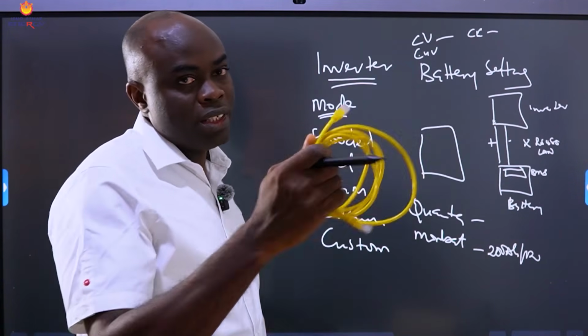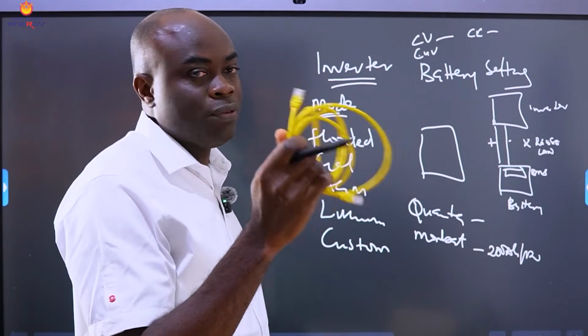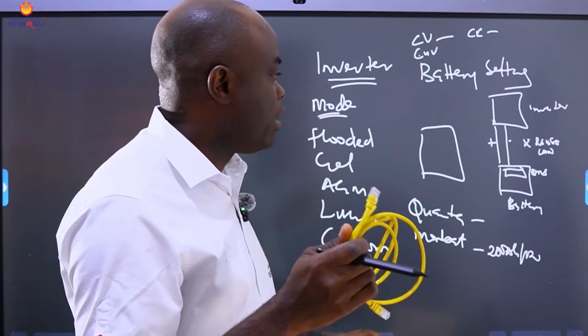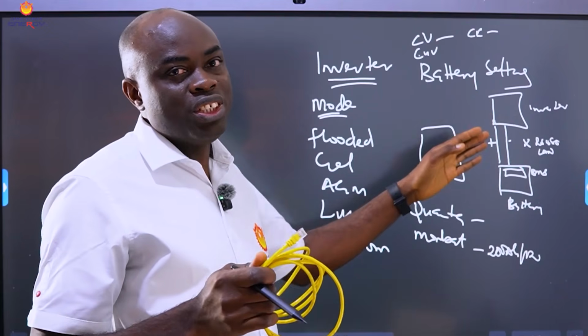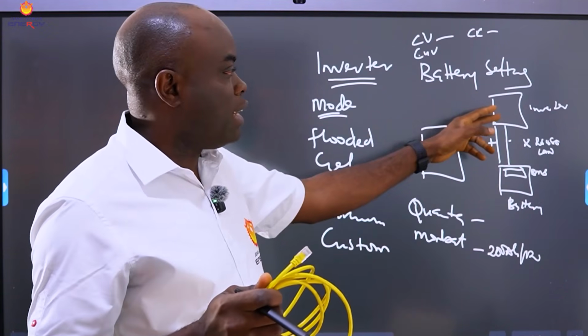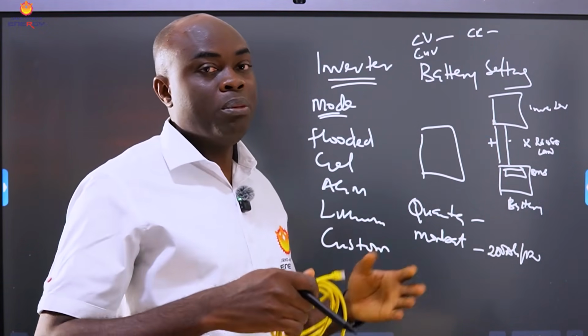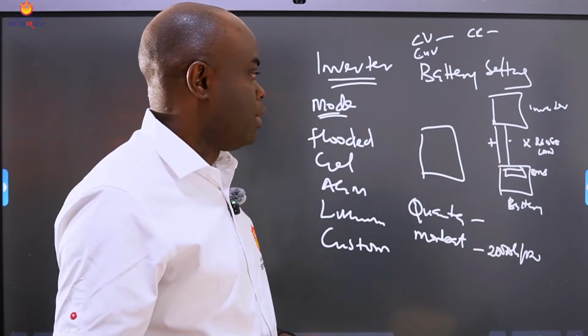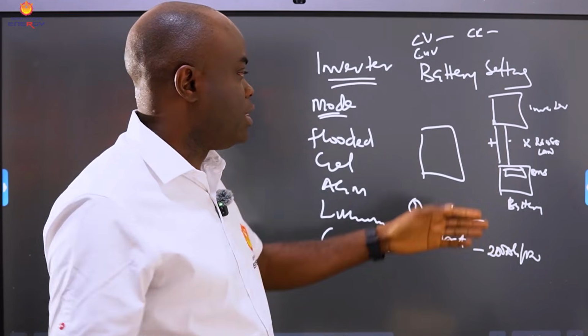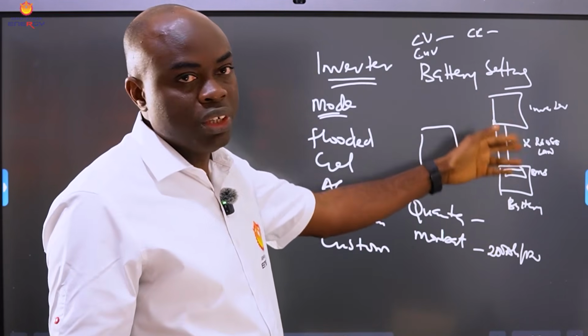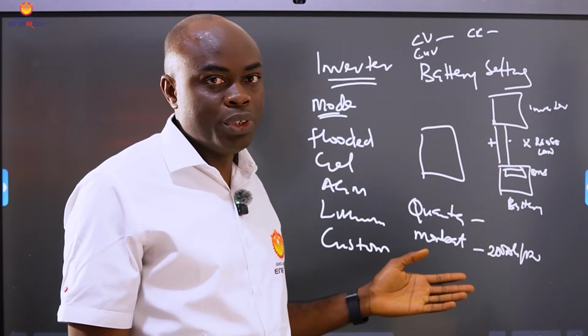Without this BMS or this RS485 or CAN communication cable between your inverter and battery, your inverter can't get the information of the battery temperature. Most lithium batteries, they will tell you let the temperature be at 25 degrees. But without that communication cable, the inverter can't know that temperature.